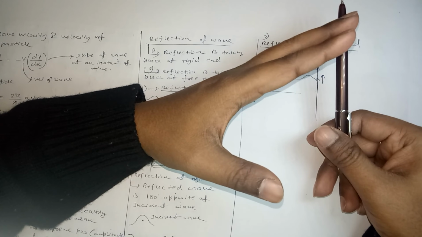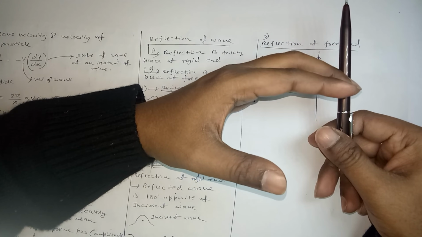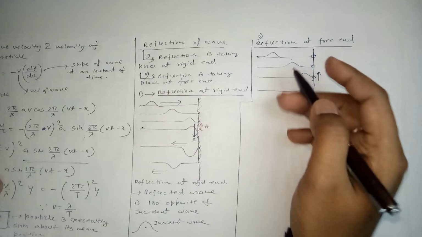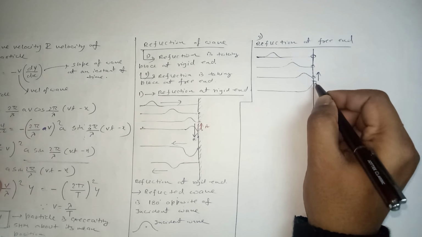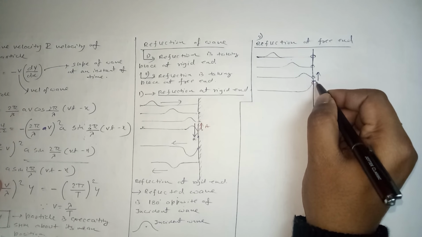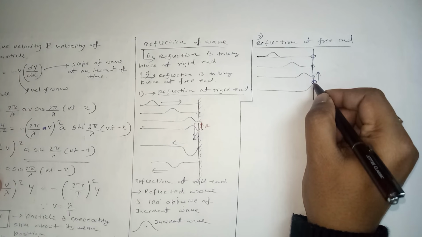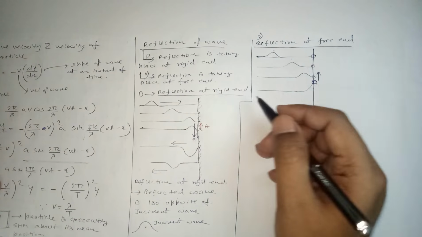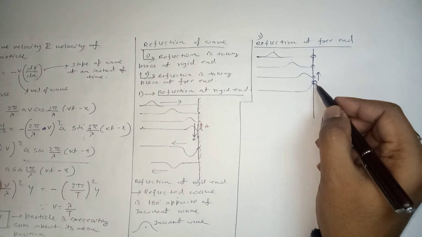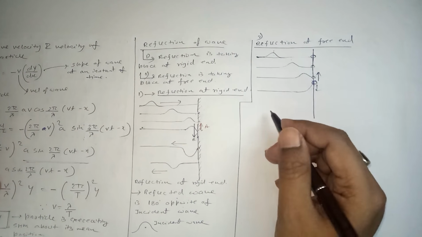Now the ring is at the position of the maximum amplitude of this wave pulse. Now the ring will tend to come down.